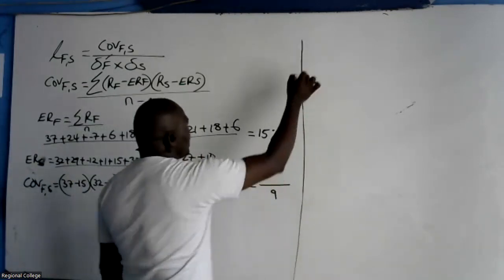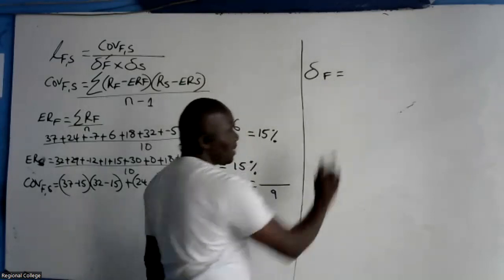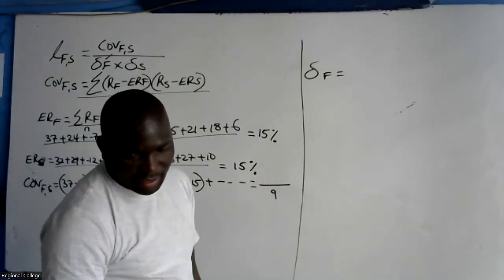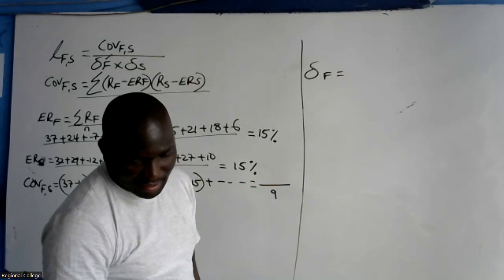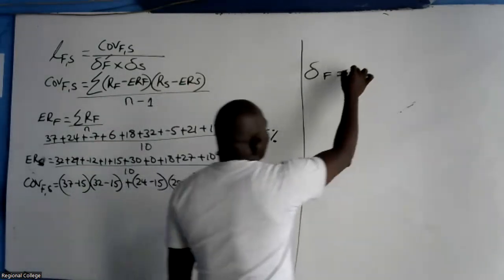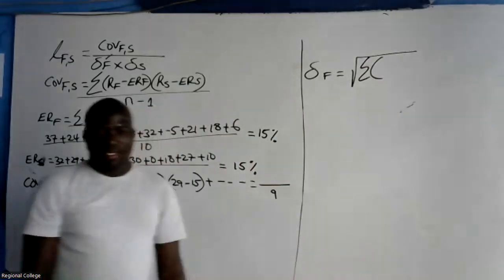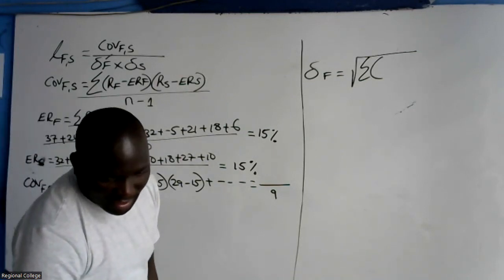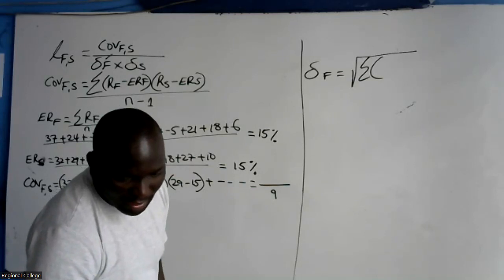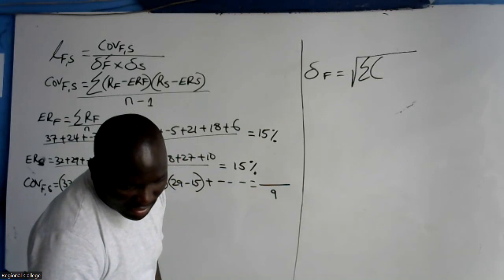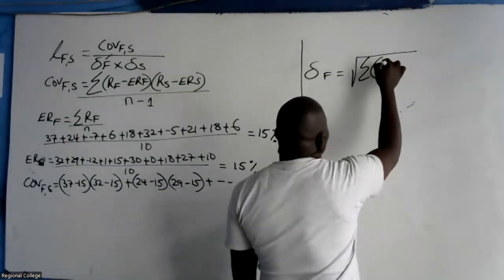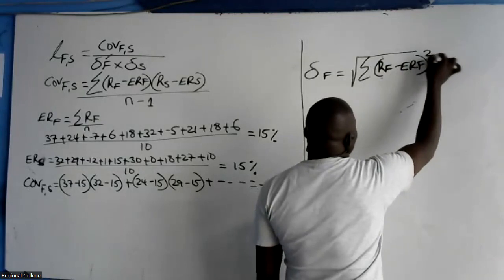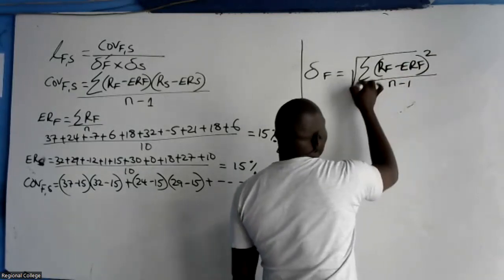Alright. What of the standard deviation of F? Square root of the summation of the returns of F minus expected returns of F, squared, then I divide by n minus 1.